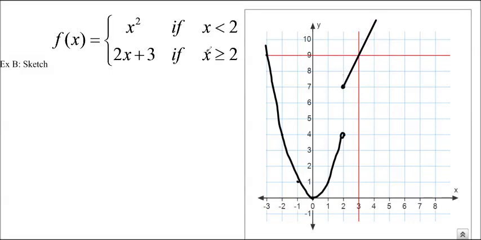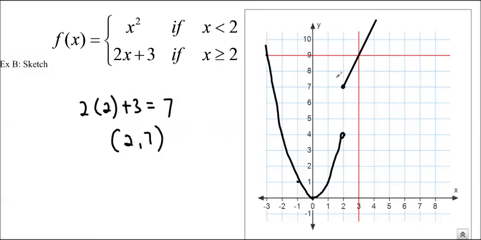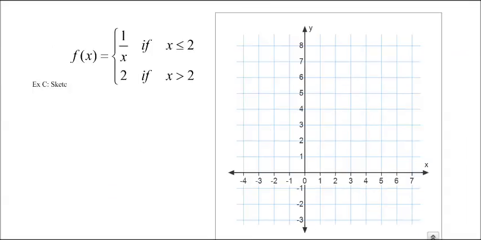Another way to do it is just to write x equals 2 into this equation so I can see where the endpoint is. So if I had written 2 times 2 plus 3, I would see that that was 7, and I would know that 2, 7 is the starting point of my graph right here. Don't forget to label it f of x, and that's it. So just graph the parts that you need, and the whole thing is called f of x.